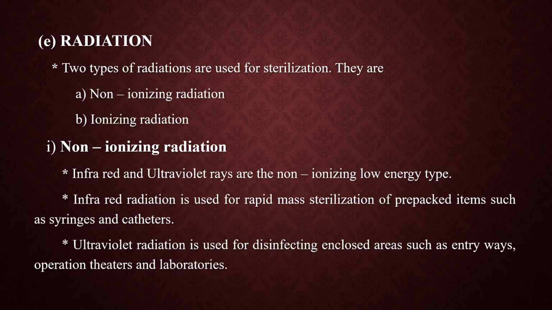Infrared radiation is used for rapid mass sterilization of pre-packed items such as syringes and catheters. Ultraviolet radiation is used for disinfecting enclosed areas such as entryways, operation theaters, and laboratories.